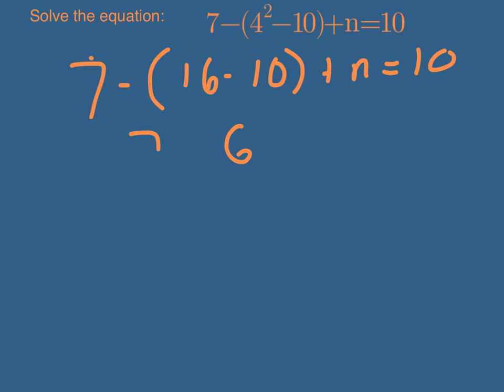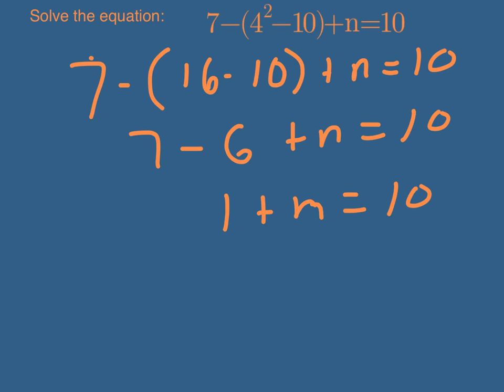We have to do that first. It's in the parentheses. 7 minus 6 plus n equals 10. 7 minus 6 is 1 plus n equals 10.